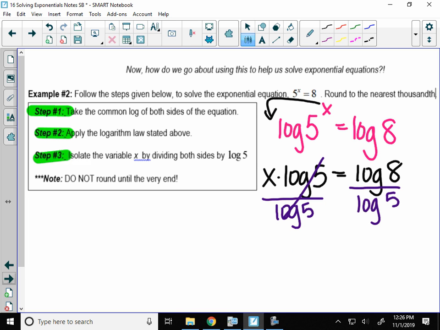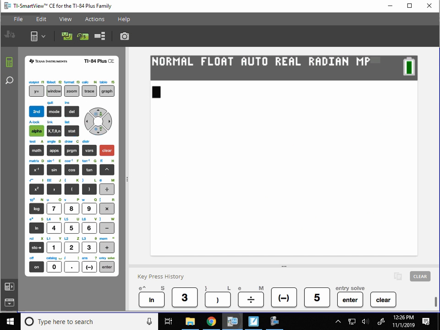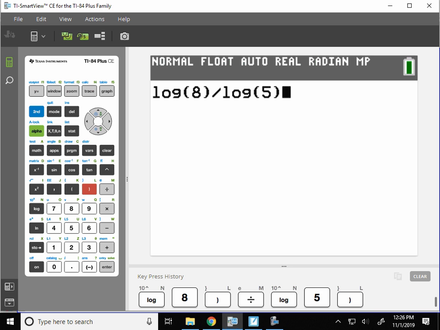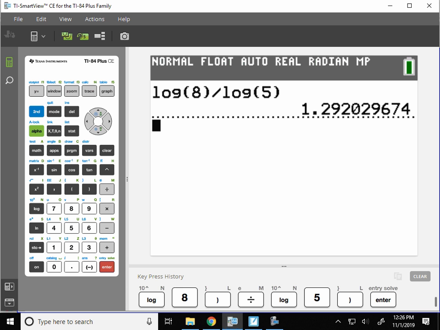So you get x equals, now you can take out your calculator. Don't do anything with your calculator until the last step. Be careful when you do this, though, log of 8. Make sure you close the parentheses after the 8, otherwise your calculator will read things wrong. So you do that, divided by log of 5, hit enter, and that would be your value.